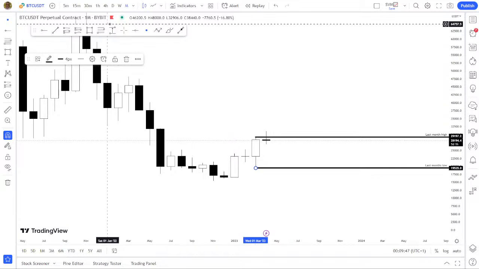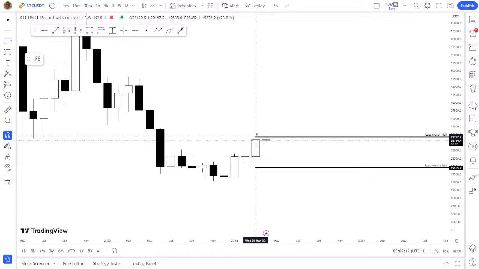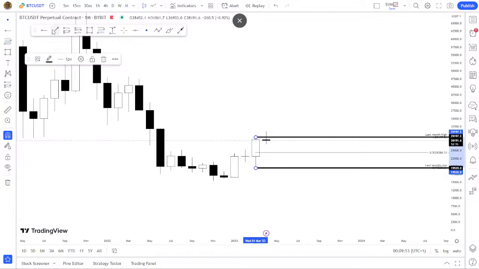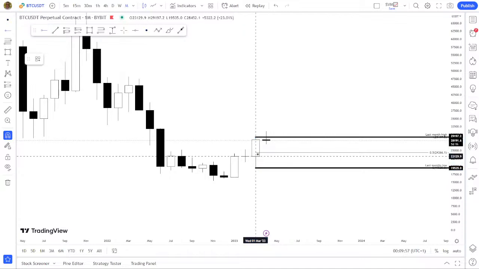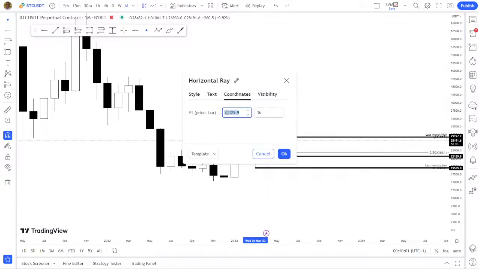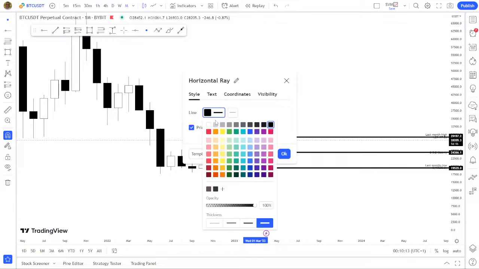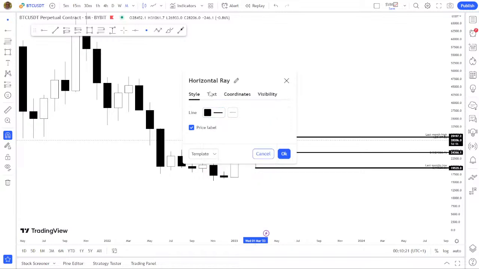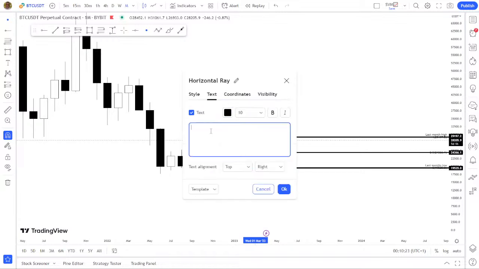Let me pick up my fib too. I'll come around 26, 24, 36, 6. That's one. Like that. Let's pick out the rest, and let me label that as the mid area.